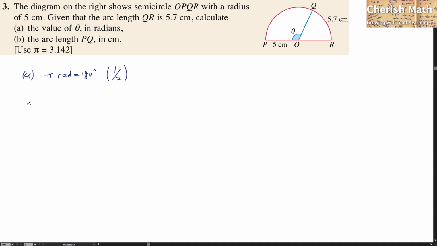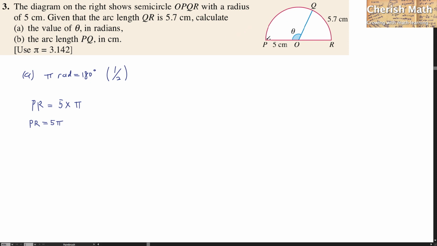So now, the arc of this P to R is a semicircle, so that is going to be by using the radius of 5 cm times pi, which is the radian for the semicircle. And the answer that I'm going to get is 5 pi.